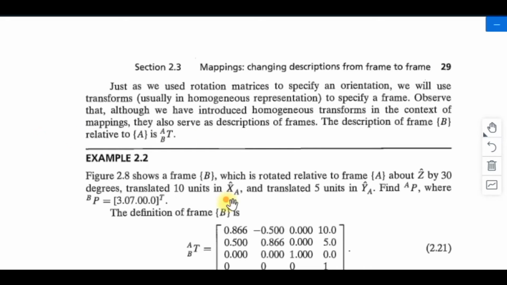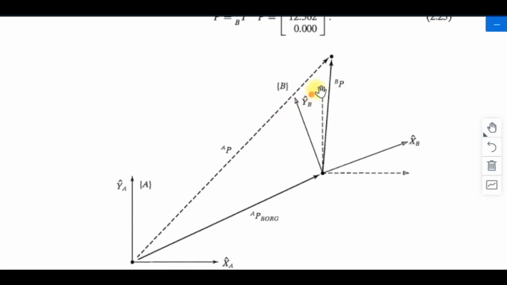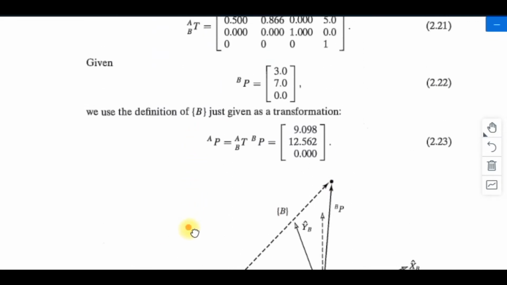So let's see figure 2.8, which is this, where Z is pointing outwards from the paper, so this is the x-axis and y-axis. Now you represent a point P. So this is B P and this axis is X B and this is Y B. So how do you represent the point P with respect to A?